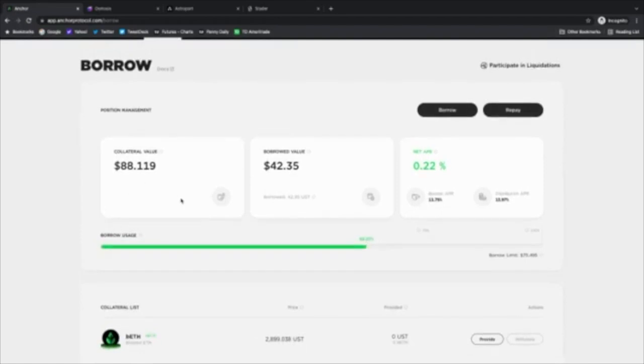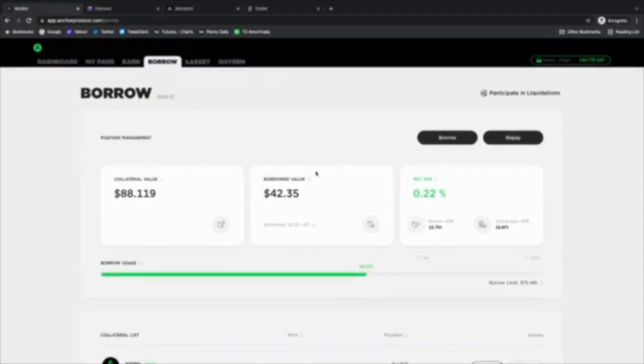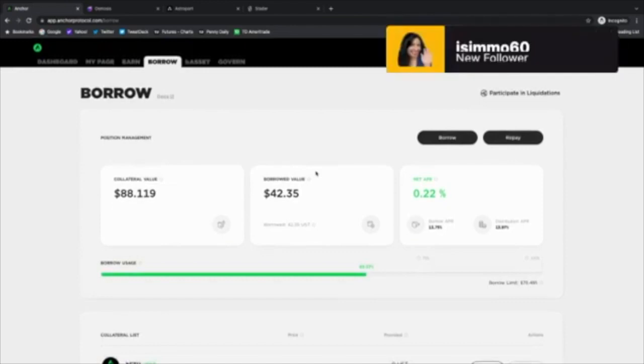All right. So we just gave the collateral, and we just borrowed 60% of 1 bLuna. So you guys can do the math. If you have 10 bLuna, it'd be 10 times this at 60%, right? So I have $42.35. Now, you can go multiple different strategies here.